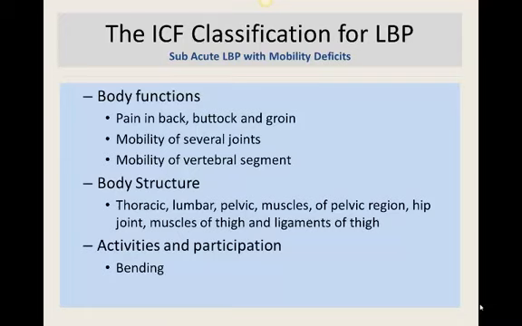There will be mobility deficits, possibly of several joints, vertebral segments, hip joints, thoracic, are all areas of mobility deficits. And this does involve the thoracic, lumbar, pelvic joints, as well as the muscles and ligaments. And again, the main activity and participation limitation is going to be bending. Again, similar to the treatment-based classification of manipulation mobilization.